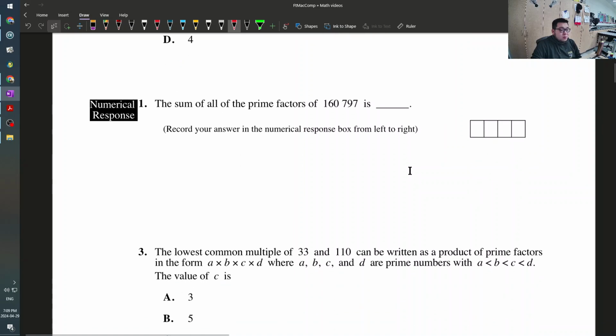Okay, the sum of all prime factors of 160797. If we add up all the digits, it is equal to 30, so it's divisible by 3. So 160797 divided by 3 is 53599.